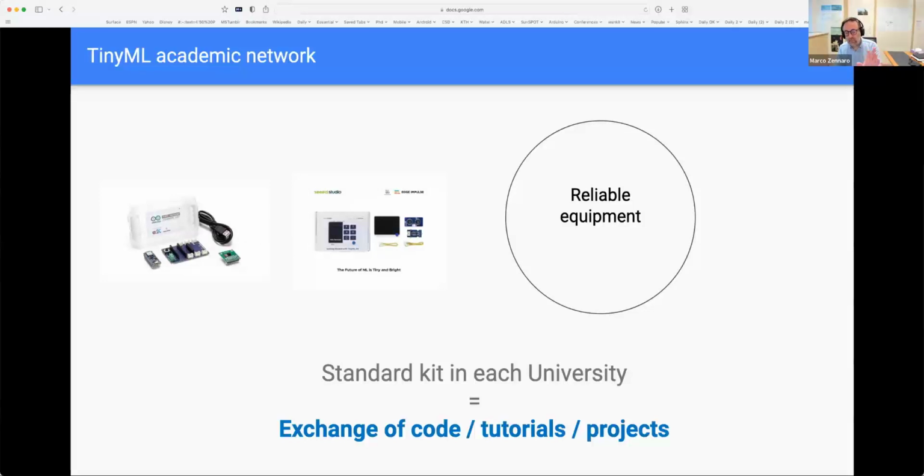And the fact that we have the same kit in each university is because that facilitates the exchange of code, of tutorials, and of projects. Okay, so if you come up with a solution, then you can share the same code with your colleagues because they're running exactly the same devices. So this is the reason why we're focusing on these two specific platforms. And again, in our case, on the Seed Studio devices.